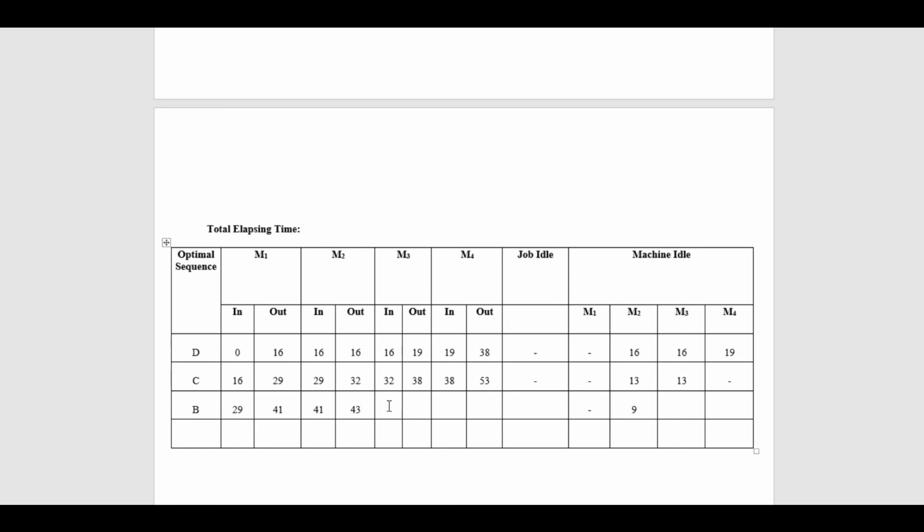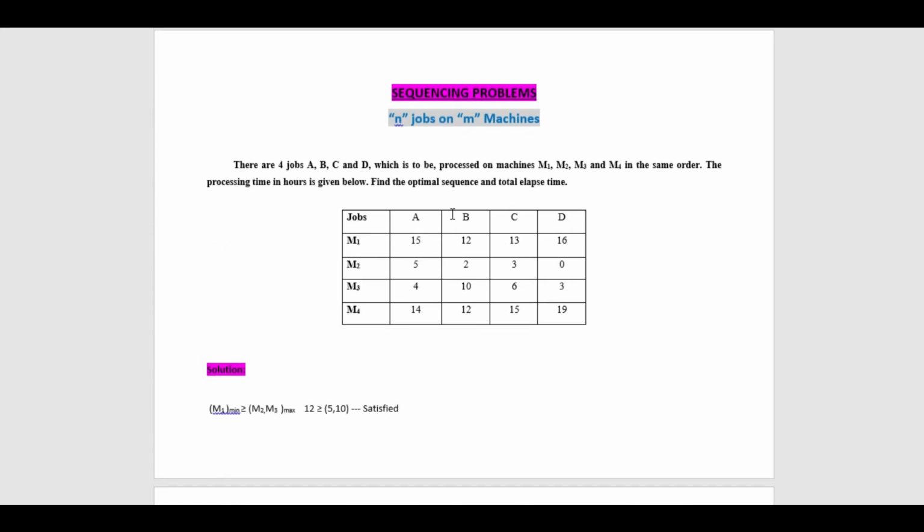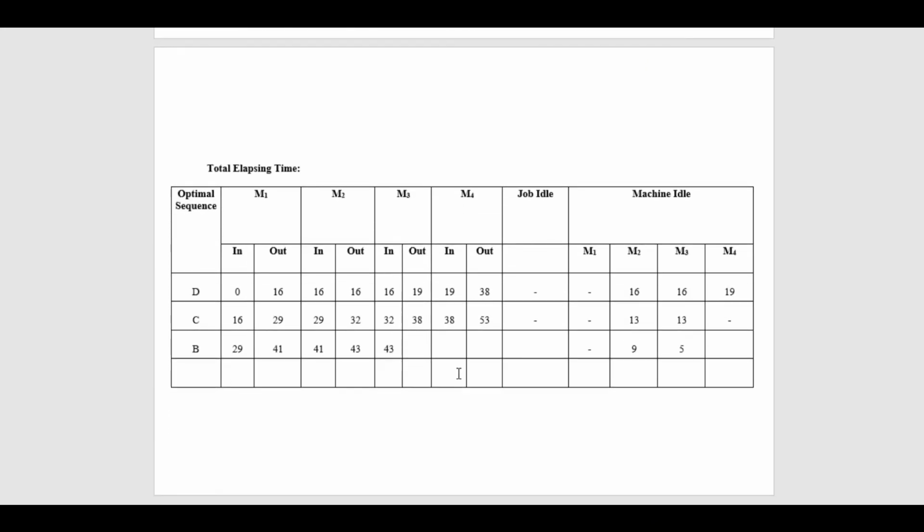So look here, machine 3 is available from the 38th minute onwards, but it may receive the job at the 43rd minute, so it has to wait for 5 minutes. So machine 3 will be in idle condition for 5 minutes. So at the 43rd minute it receives the material. For B job, machine 3 takes 10 minutes to process the operation.